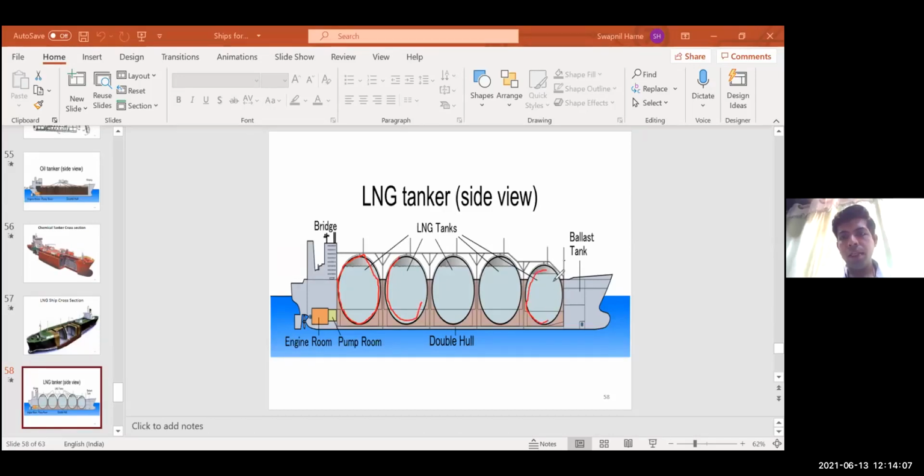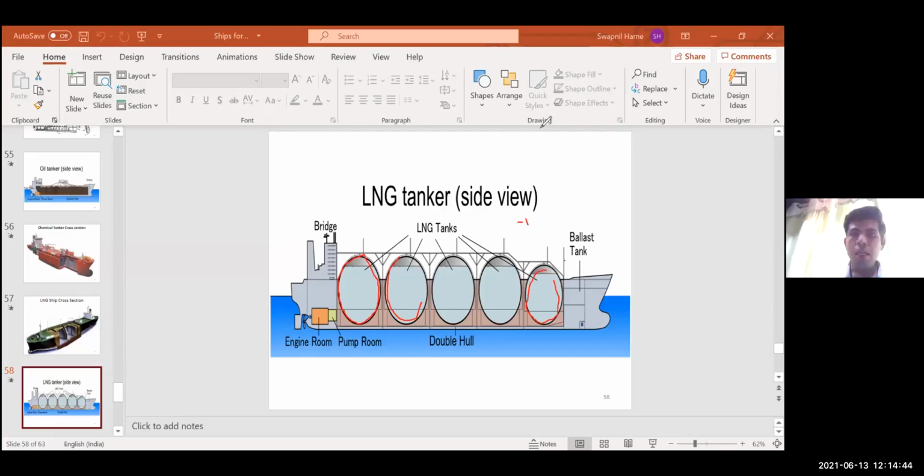All these are the tanks within which liquefied natural gas, LNG, is carried. It is a specialized vessel, a gas carrier, and the gas is brought down from the gaseous state into the liquid state, stored at a temperature of minus 150 degrees Celsius, in highly pressurized tanks.